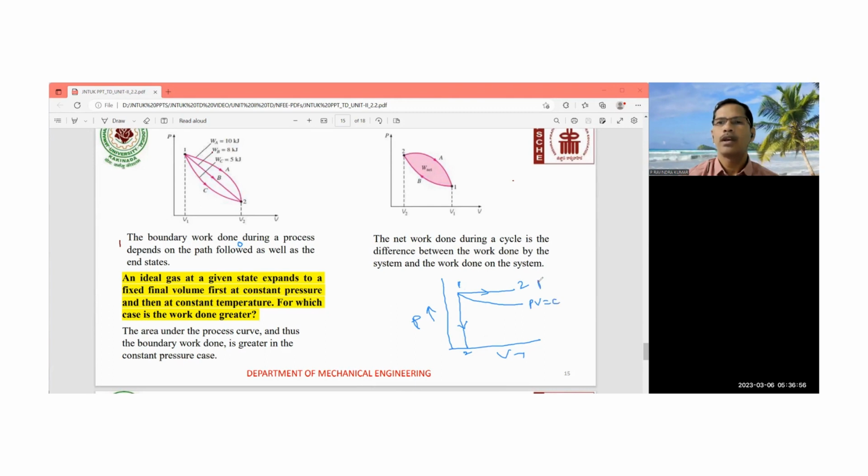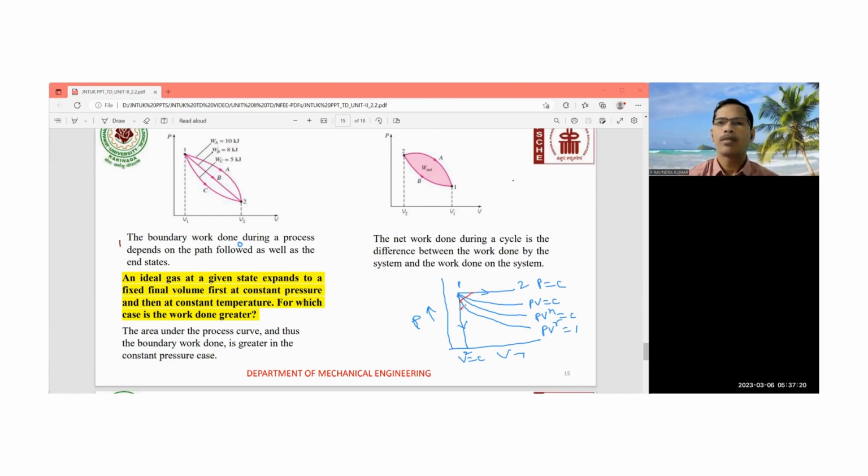So here P is equal to constant, here volume is equal to constant. Next one is the polytropic process, PV to the power of n is equal to constant. Next one is the isentropic process, that is PV to the power of gamma is equal to constant.